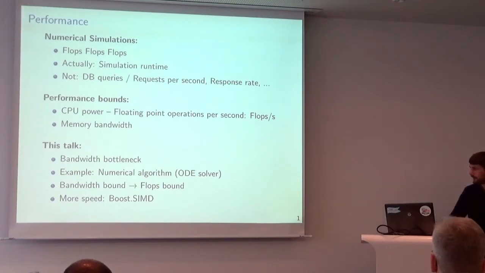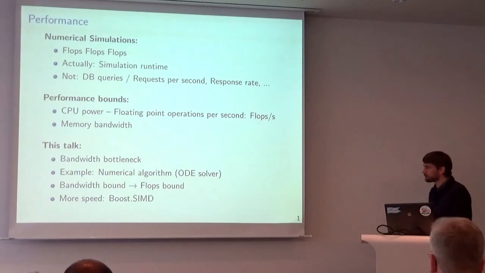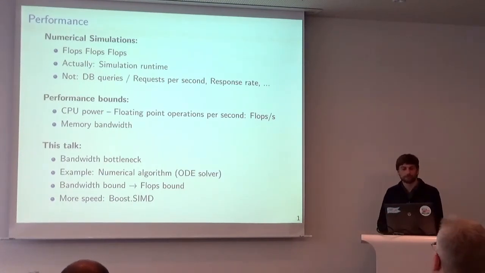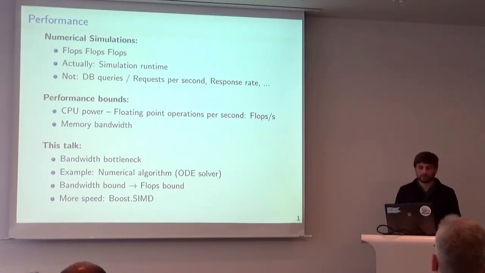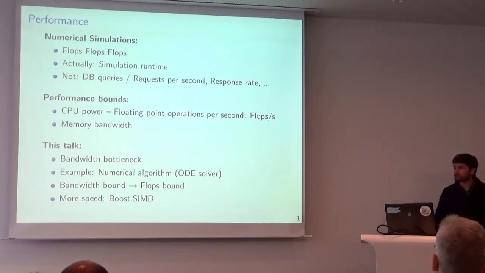And then finally, I will try to show you some techniques for how to turn this bandwidth bound implementation into a flops bound one. And then if we reach the flops boundary in the CPU, we can actually go ahead and get more speed out of it by employing SIMD instructions.